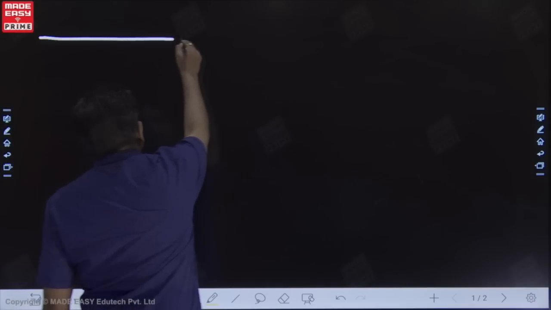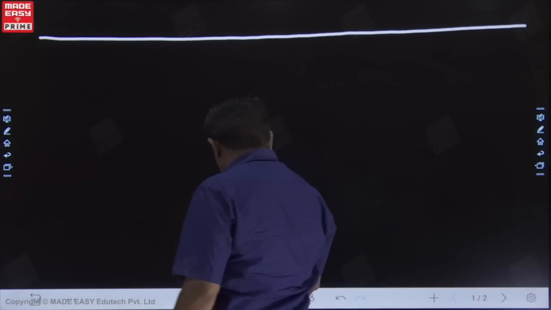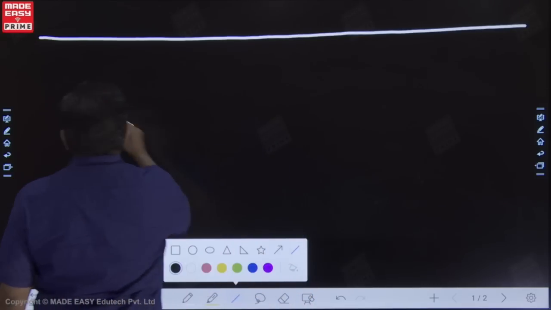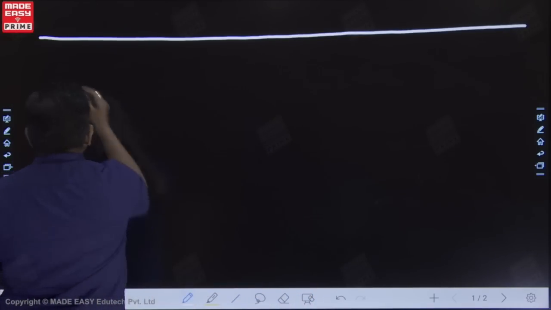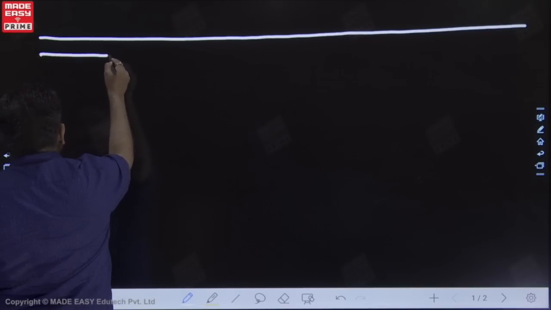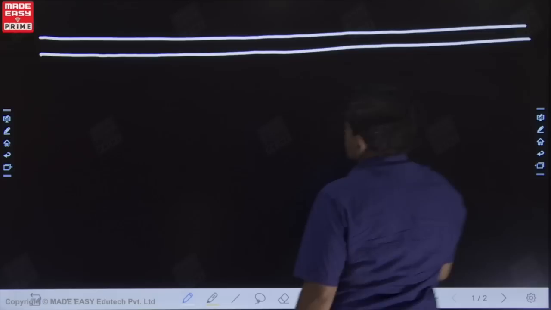Let me show you. Suppose this is a continuous beam. Continuous T-beam. This is the flange portion.